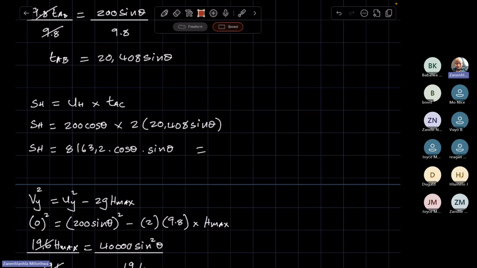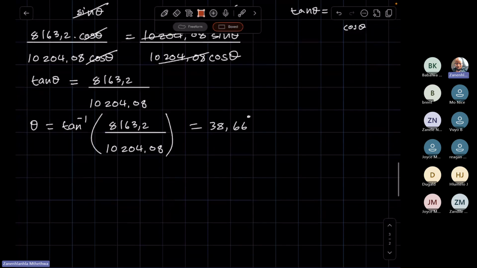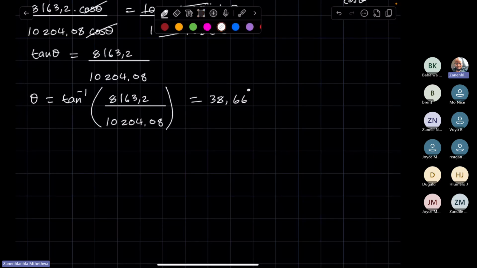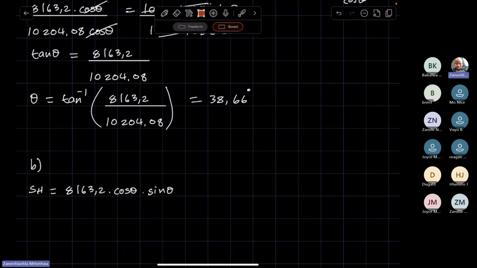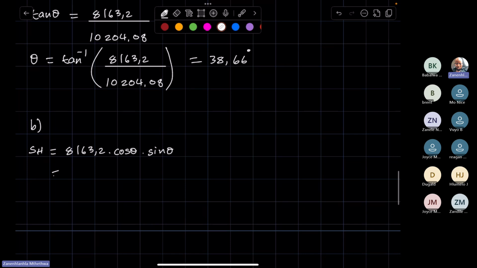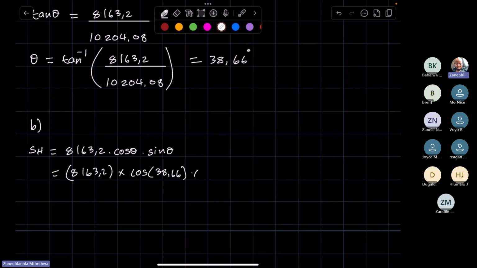So for B, we know SH is equal to this. Then you substitute 8163,2 times cos 38,66 times sine 38,66.